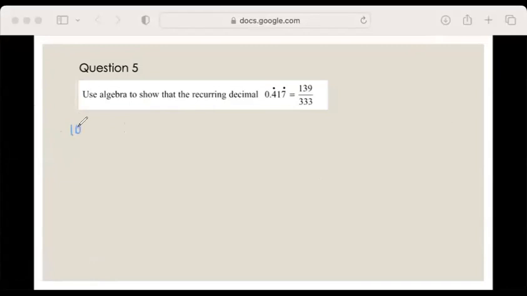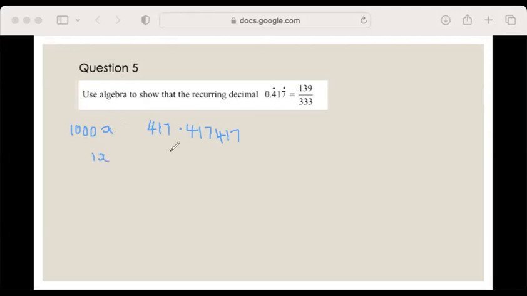So 1000x, there's 3 decimal places, so 3 zeros. 1000x will be, 1, 2, 3, it will go to 417.417417, and so on.